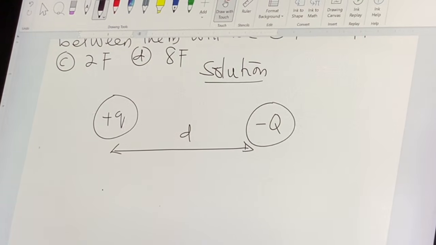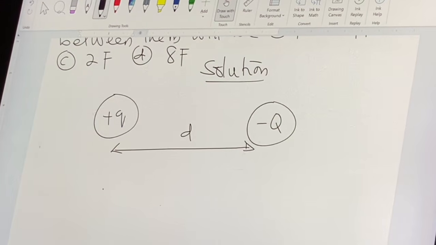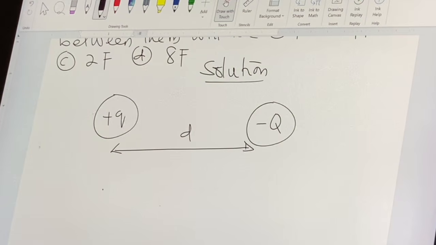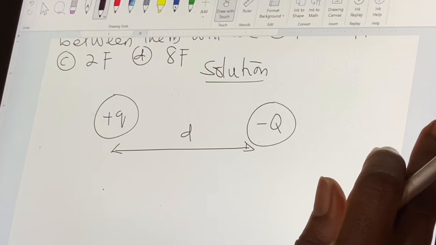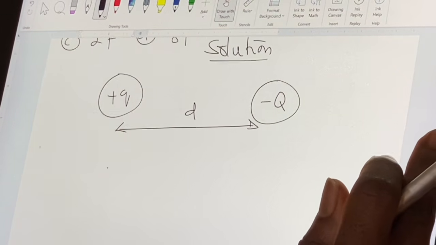Now there's something we have to understand here: when we have two charges and we are asked to find the force between them, we apply Coulomb's law. Please take note of that. Let's write down the formula for Coulomb's law.